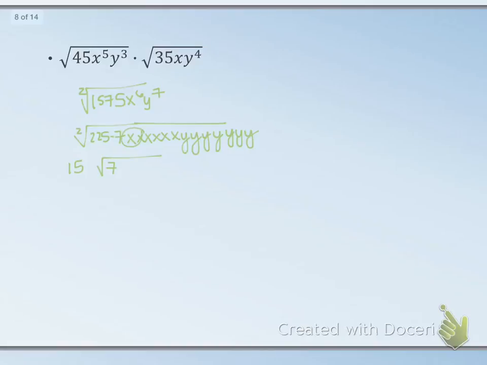I group them in 2's. So I had 3 x's come out, and 3 y's come out, and then I have a y left. Or you could do 6 divided by 2 gets me 3. 2 can go into 7 3 times, so I should have 3 y's out here, and then I'll have 1 y left on the inside.